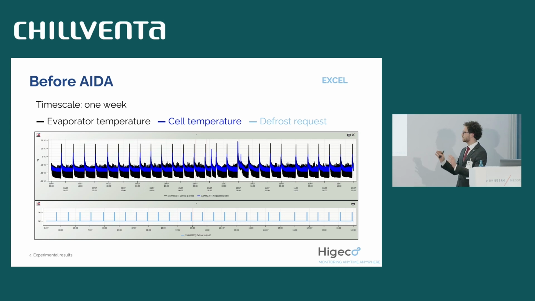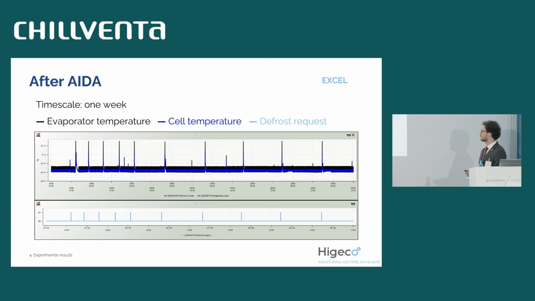This is the initial situation where we have time-based defrost, in this case every 6 hours. This is after we applied our algorithm. So still 1 week of data, but we only did one defrost on average every 24 hours. So more or less 58-60% improvement.